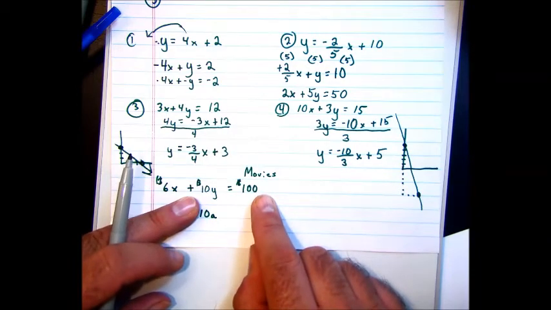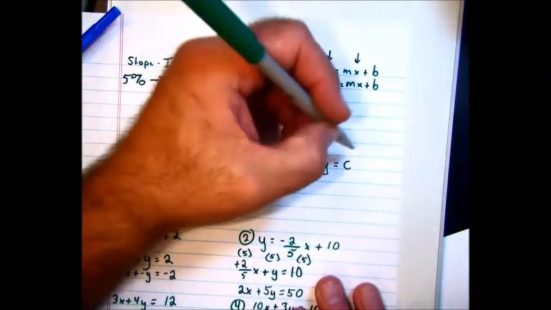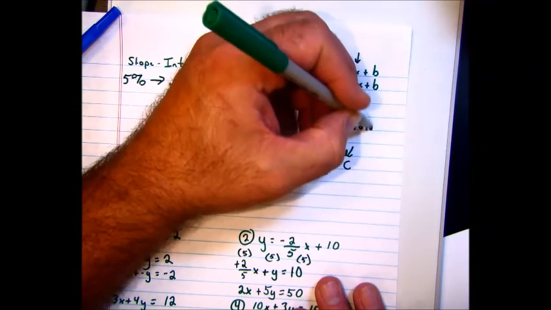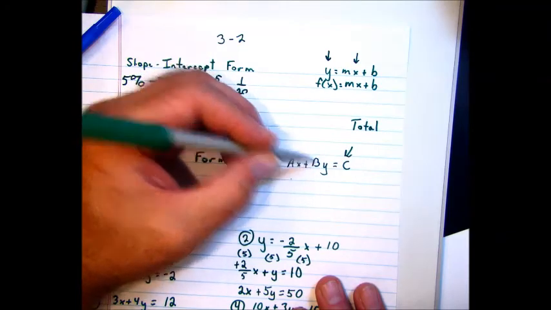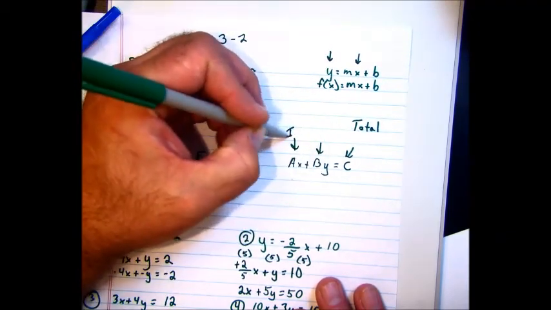And this is in standard form. The C in this equation is always the total of something. And the a and b are both independent variables.